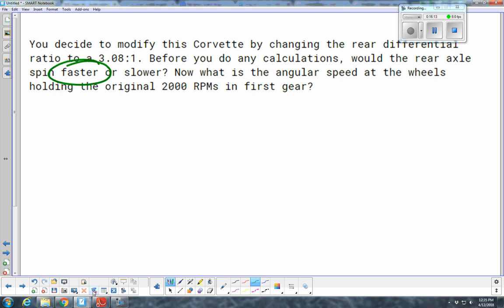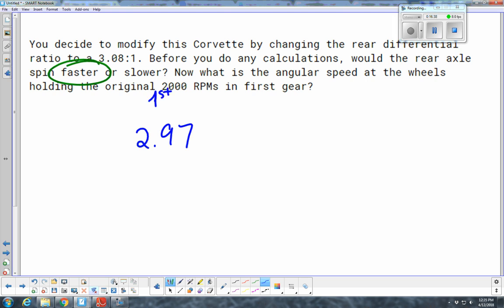So now my first gear is still the same. It's still 2.4, what was it? 2.97. That's what I was thinking. I'm sorry, you were right. 2.97. That's first gear. Okay. And then you're going to multiply it now by the new differential, which is 3.08.